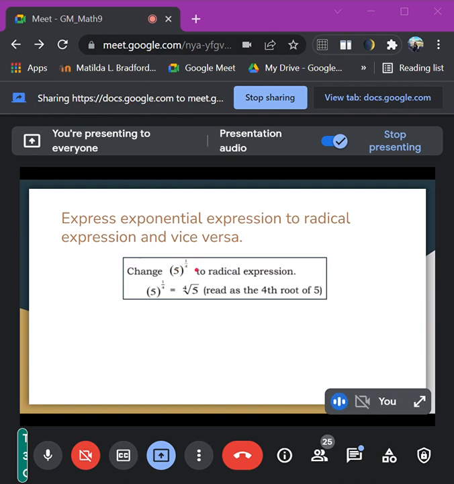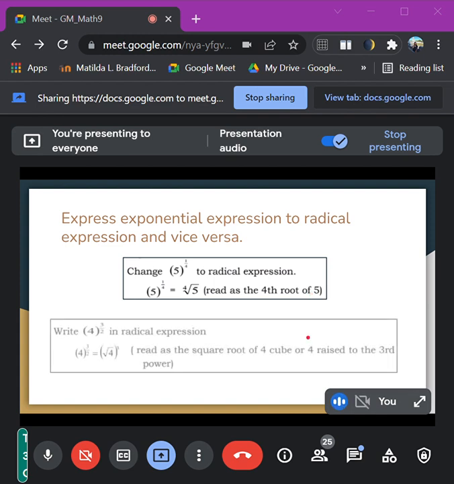So same process lang gihapon class. Ang base nato would be in the radicand or inside the radical symbol, and then ang denominator, that is 4 here as your index. So if we're going to read that one, that is the 4th root of 5. Okay, 4th root of 5.